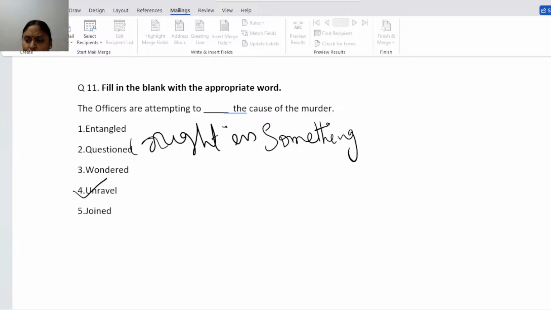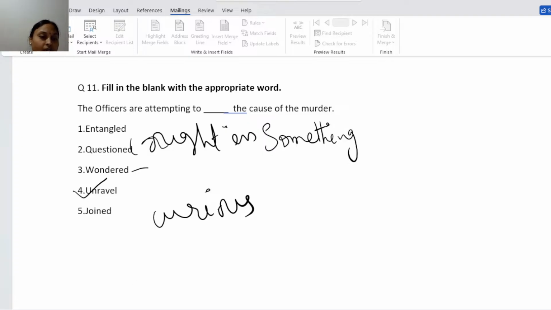Question, already we know that. Question is nothing but asking and interrogating. And wonder. What is the meaning of wonder? Curious about something. So here the meaning of wonder is curious about something. And next, join. Join, already we know, means became a part of the thing.